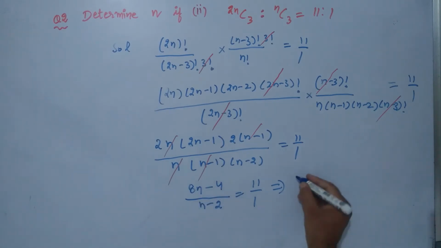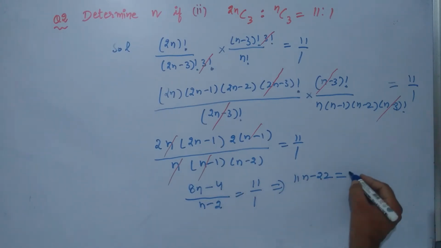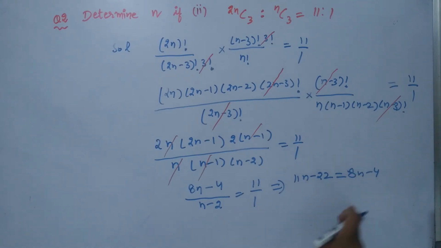Cross multiplying, 11n minus 22 is equal to 8n minus 4. 11 minus 8, 3n is equal to 18. So n is equal to 6.